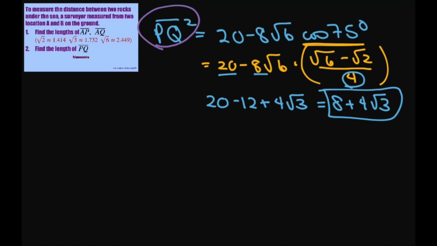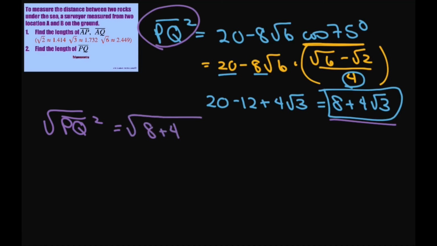So when we square root both sides, you have to take the square root of this. So the square root of this is going to be square root of 8 plus 4 square root of 3. Now this is the special factoring. So what we're going to do is simplify this a little bit so we can use this information.